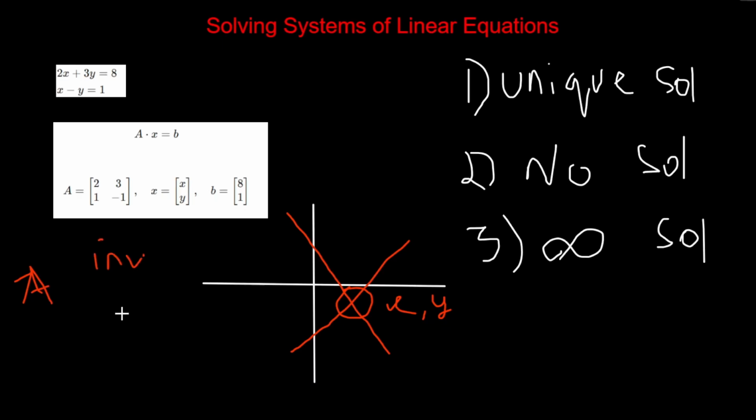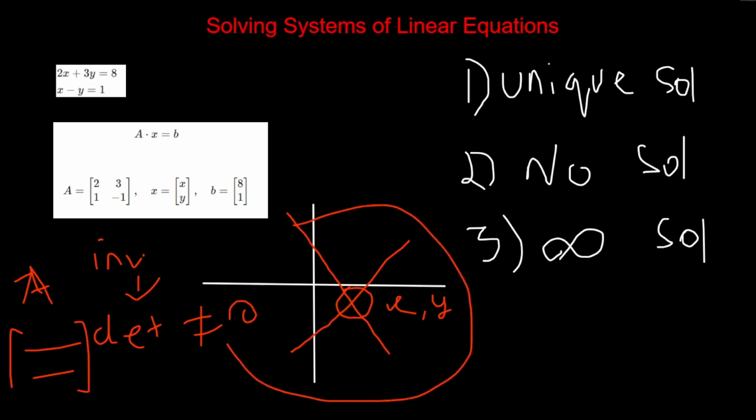Invertible means the determinant must not be zero. This implies that the rows are linearly independent. The rows of the matrix A are linearly independent, so they can span the full 2D space, and we get the unique solution.